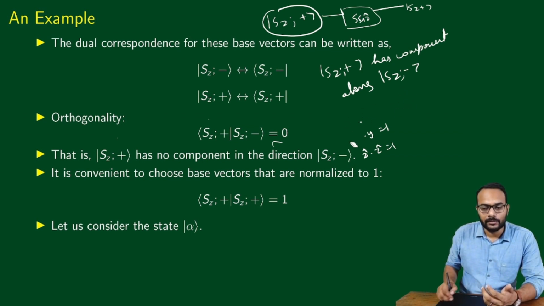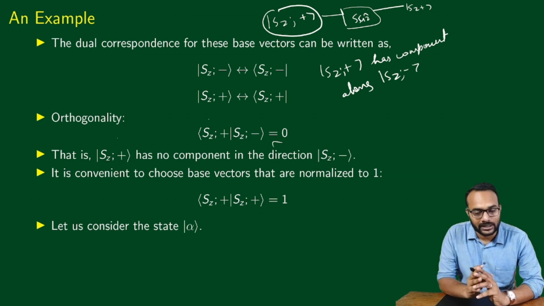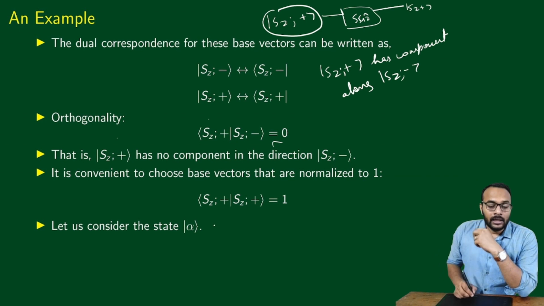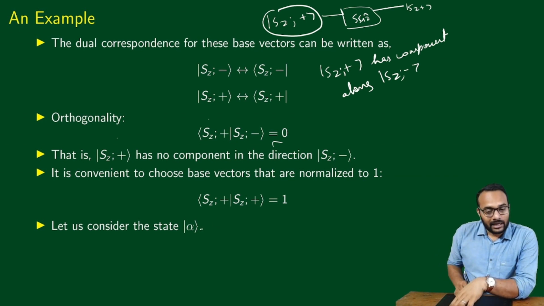In the same way, it's easier to use base vectors which are normalized. Again, we had the normalization condition earlier. We can always choose the base vectors in such a way that they are normalized to 1, which means that the inner product with itself is equal to 1. Now let's look at the state ket alpha.